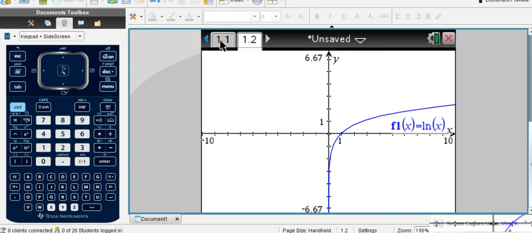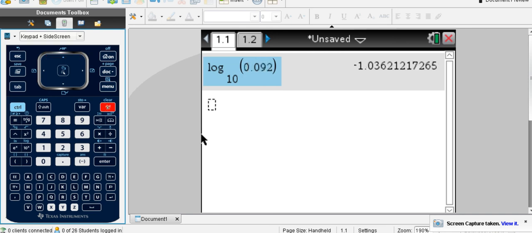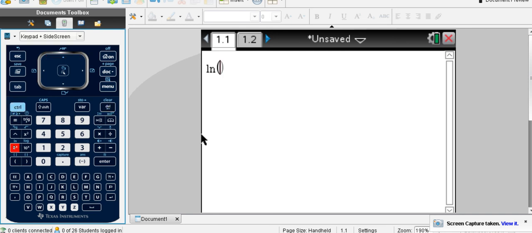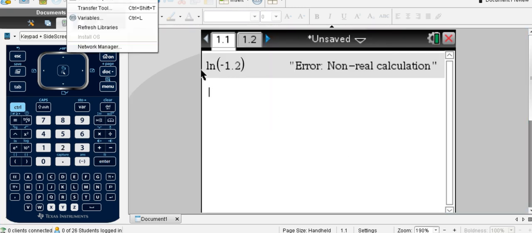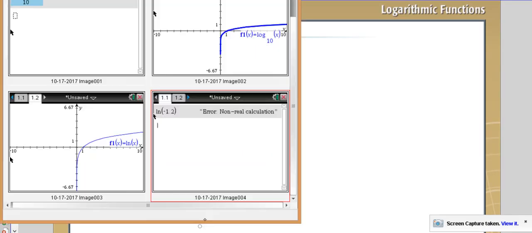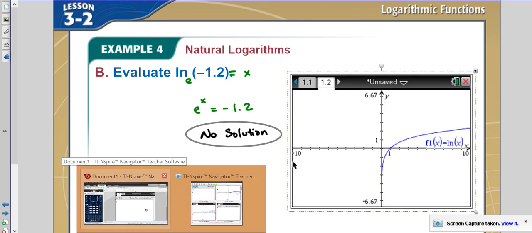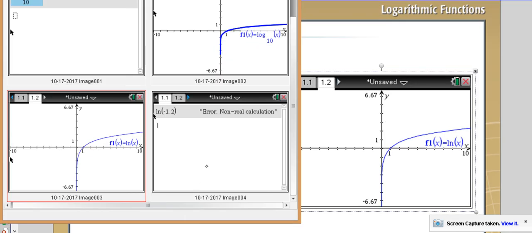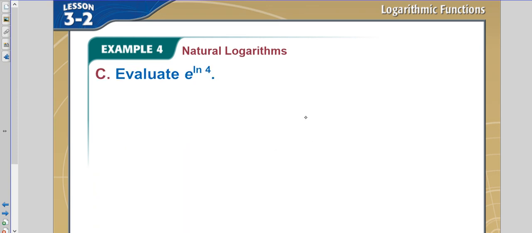And if you weren't sure, you could go ln of negative 1.2, and you'll see this is no solution. All right, so it's not a real solution there. So you can see the graph does not exist at negative 1.2. It just doesn't exist.